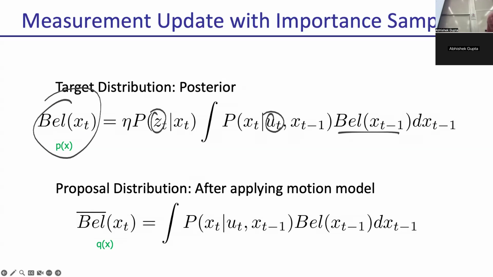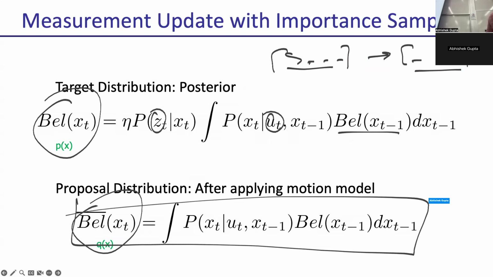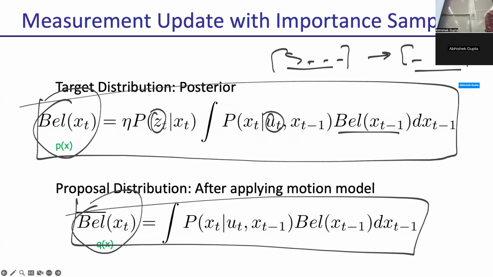I only have samples from belief bar, right? So if you remember the motion step, I took my list of states, right? And then I went from one list of states to another list of states. So I have a set of samples from belief bar, but I don't have a list of samples from belief, right? And our goal is to say, if I only have a list of samples from belief bar, and I want to do expectations under belief, how do I do it, right?